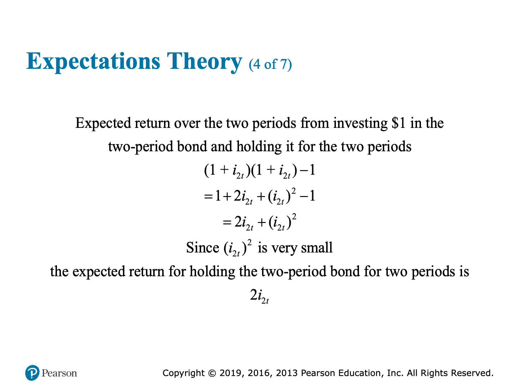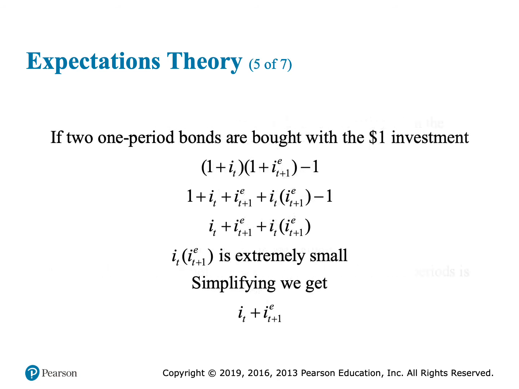Let's compare it to the expected rate of return on 2 1-period bonds. So hold that 2 I sub 2t in your head, our 2-period bond expected return. If on the other hand, right, we were looking at 2 1-period bonds and investing the same equivalent $1 investment, what we would have is the following.